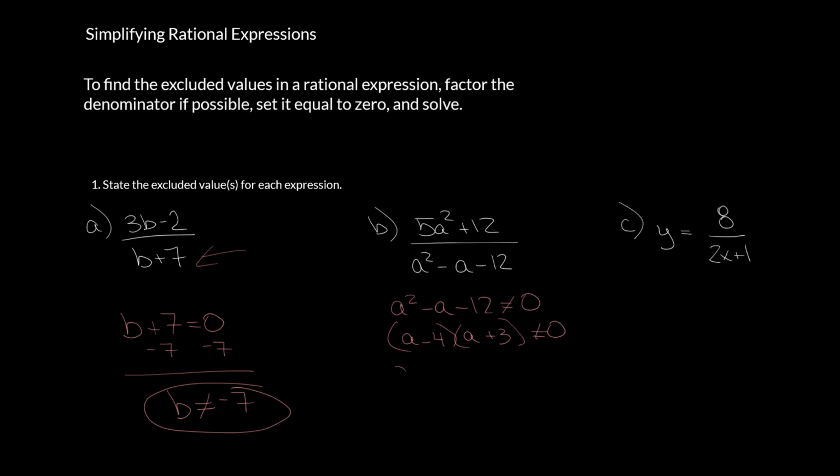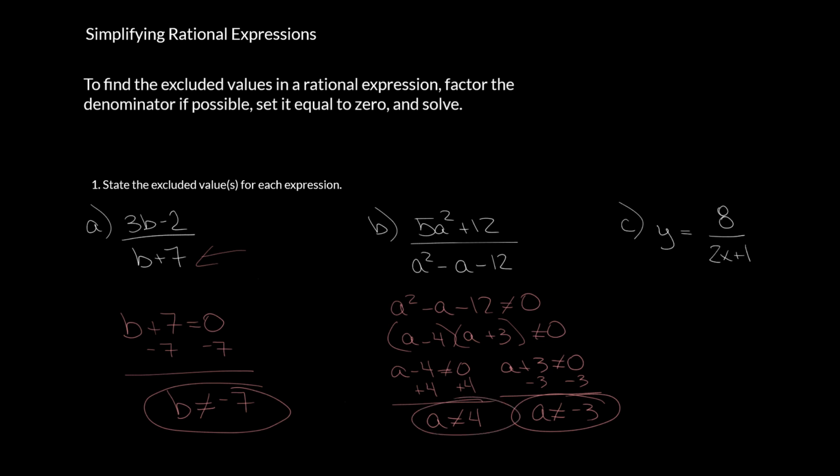So if I set each of those factors not equal to 0, I'll get my excluded values. If I add 4 to both sides, a cannot equal 4, and a cannot equal -3. So both of those are the excluded values.